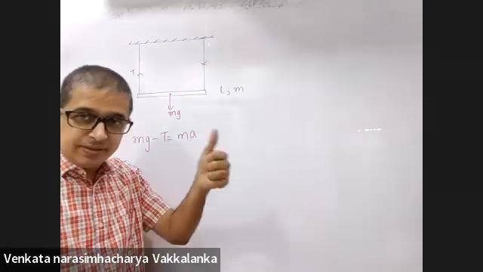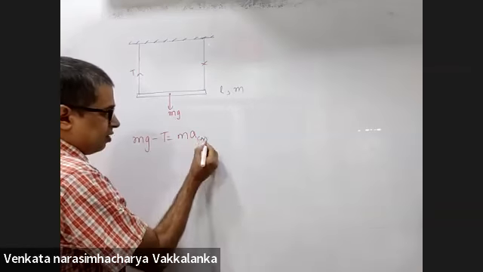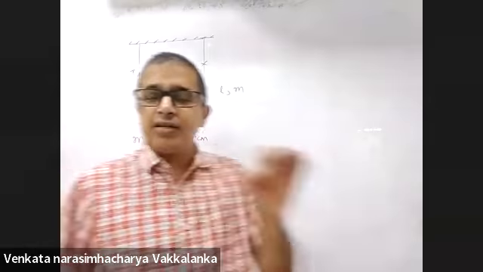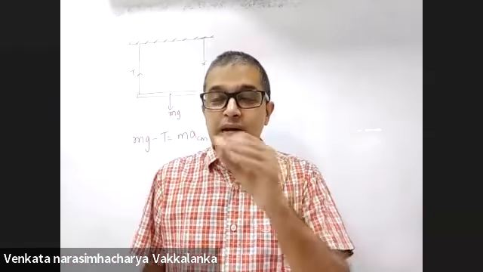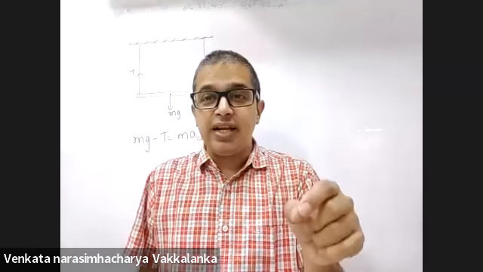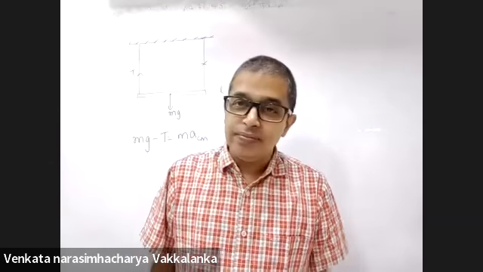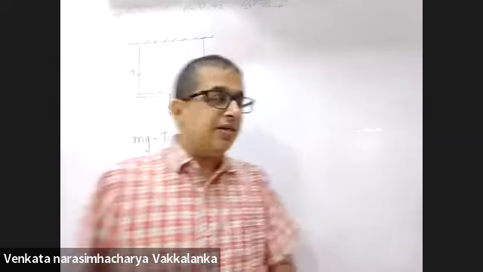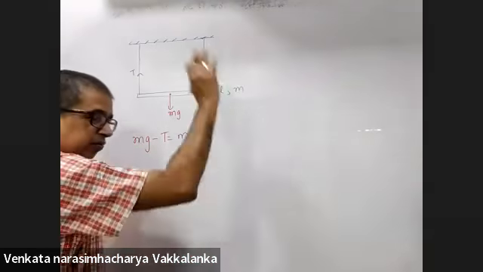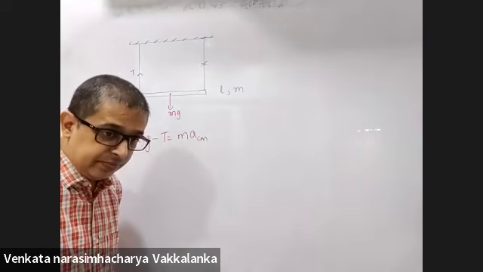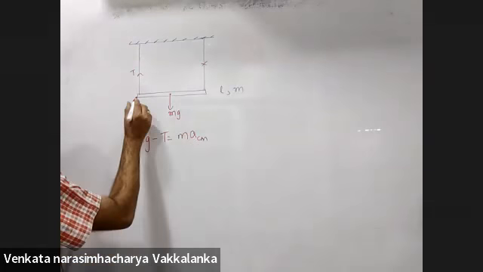Center of mass. So the vector summation of all the forces is mass into the acceleration of the center of mass of the body. This was what we have learned for the past 1 year. Then comes the torque equation.